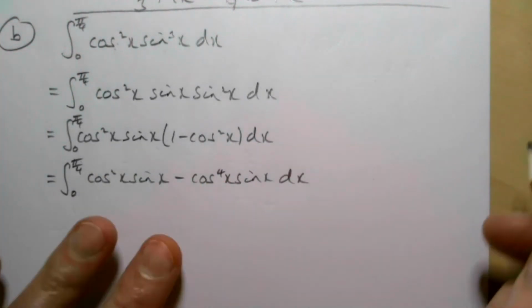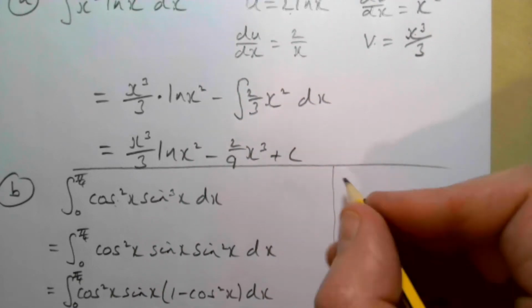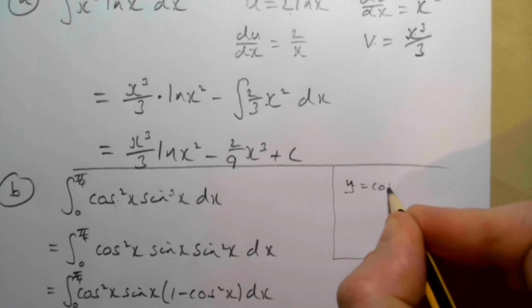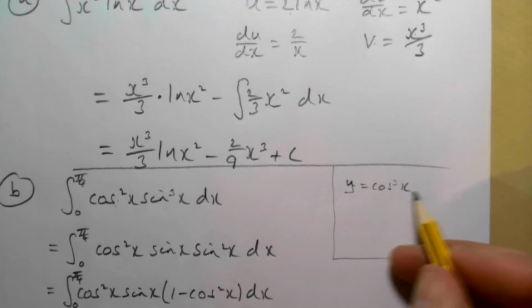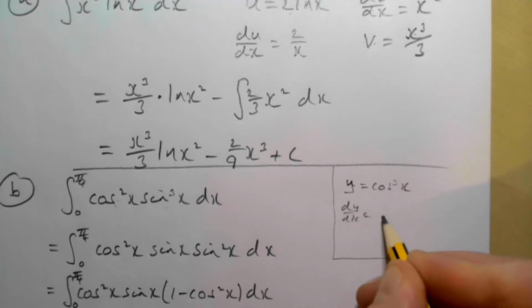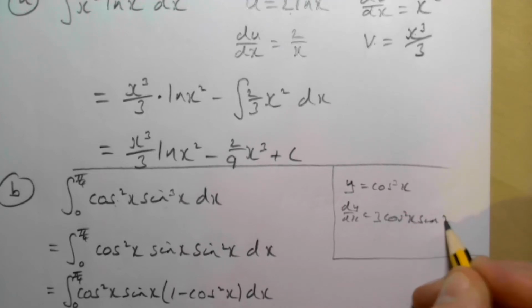This is just a wee bit off to the side, a wee bit of learning for us. Say you have y equals cos cubed x, you might want to let u equal cos x and you work it out. But whenever you work it out, you get dy by dx is minus 3 cos squared x sine x.